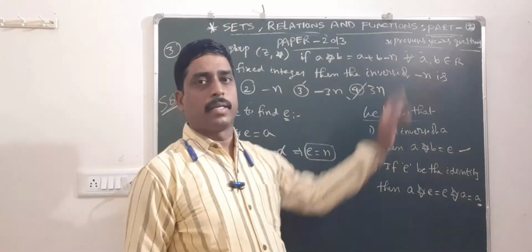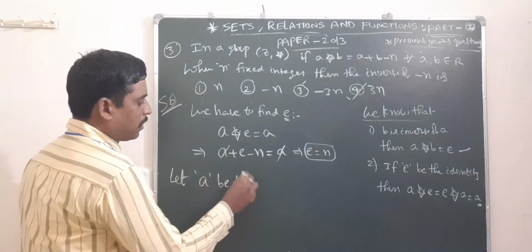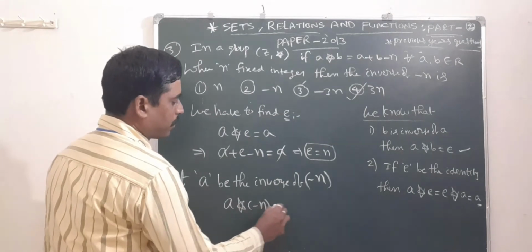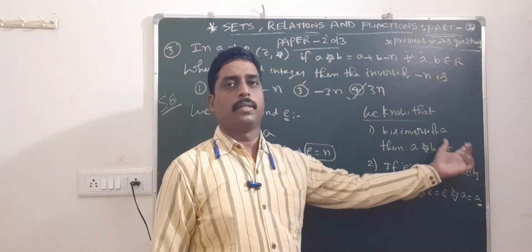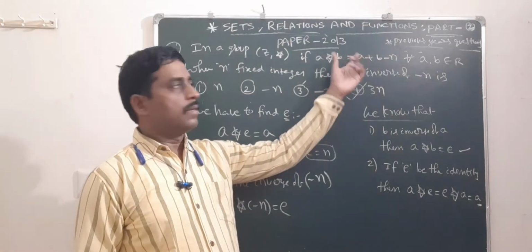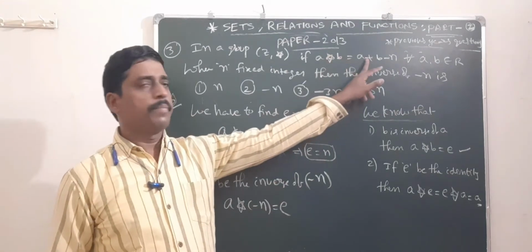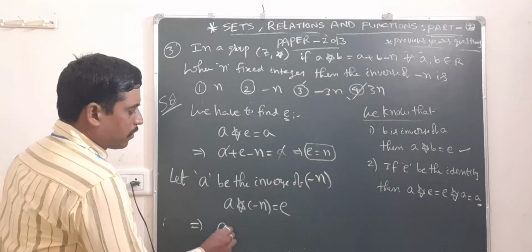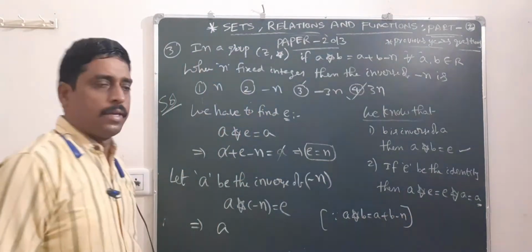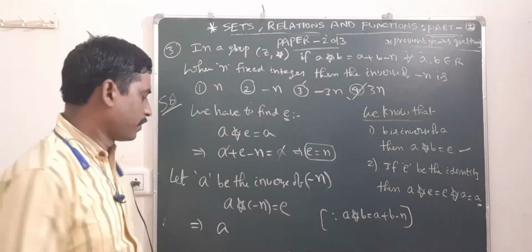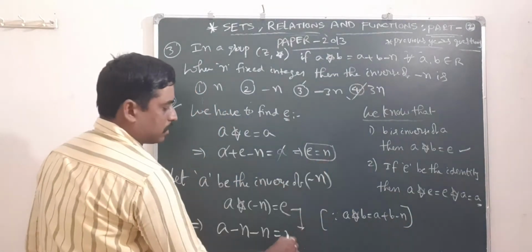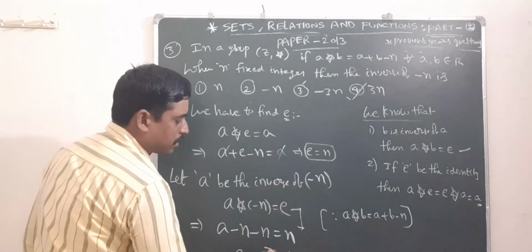Now the target is the inverse of minus N. Let A be the inverse of minus N. Therefore A star minus N is equal to E. According to the inverse property, if A star B is equal to E, then B is the inverse of A or A is the inverse of B. So A star minus N: in this binary operation, in the place of B we substitute minus N. A star B is A plus B minus N, so A star minus N is A plus minus N minus N, which is equal to E. The E value we got is N. Therefore A is equal to N plus N plus N, bringing to the right side, which is 3N.